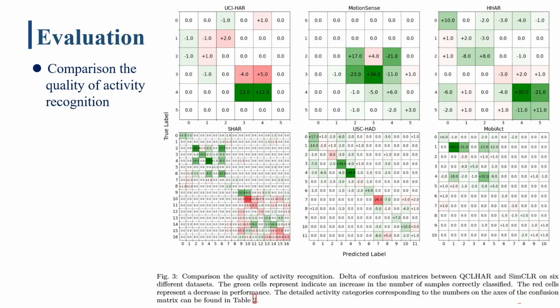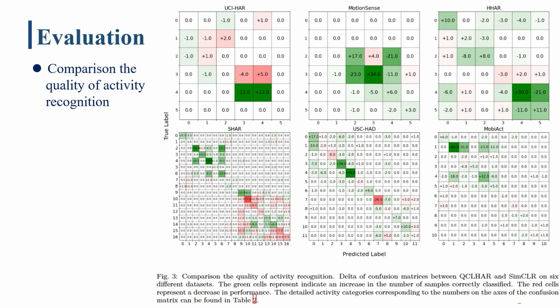The second result shows the confusion matrix, comparing our method with the self-supervised learning method. The green cells indicate an increase in the number of correctly classified samples, and the red ones show decreased performance.